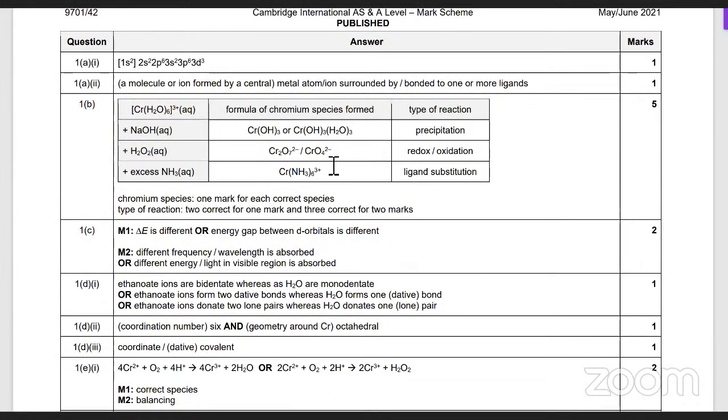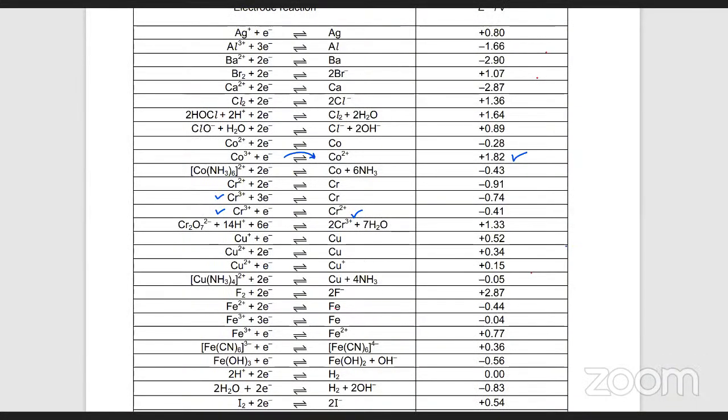As he's saying, formula of the chromium species, Cr2O7. I think we are missing one equation somewhere. Look at it carefully again. He's saying that the Cr3 plus gets oxidized, loses electrons. Who loses electrons? The one that has the lower E naught. Or second, it's forming Cr2O7. So H2O2 must have the higher potential.